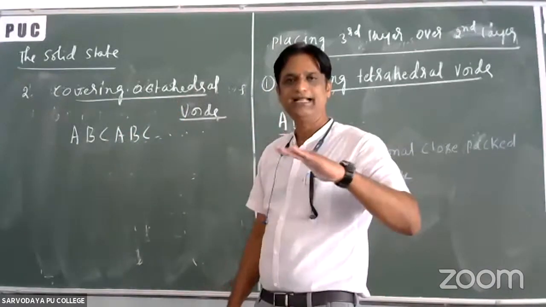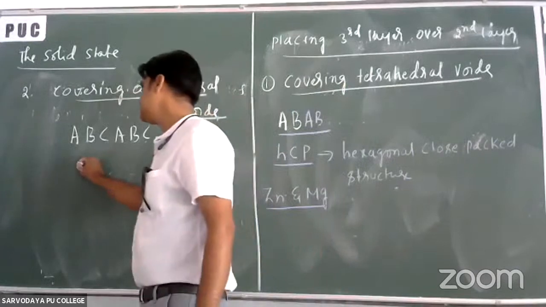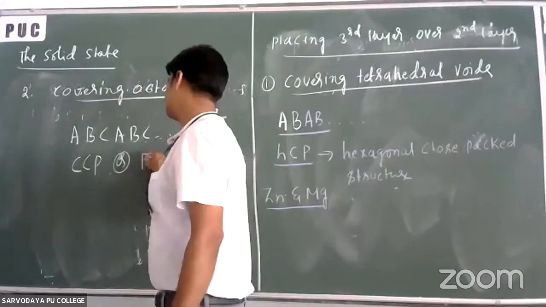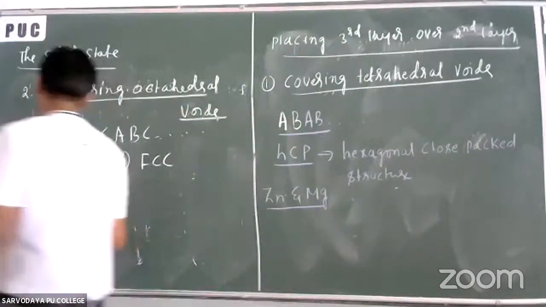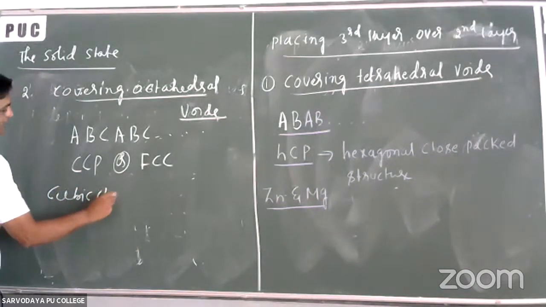ABC pattern. This type of arrangement results in a three-dimensional structure which is called CCP or FCC. Okay. So what is CCP? CCP is nothing but cubic close packing structure.